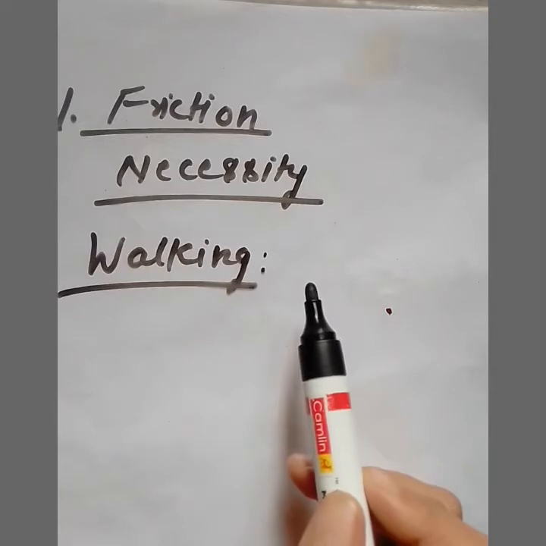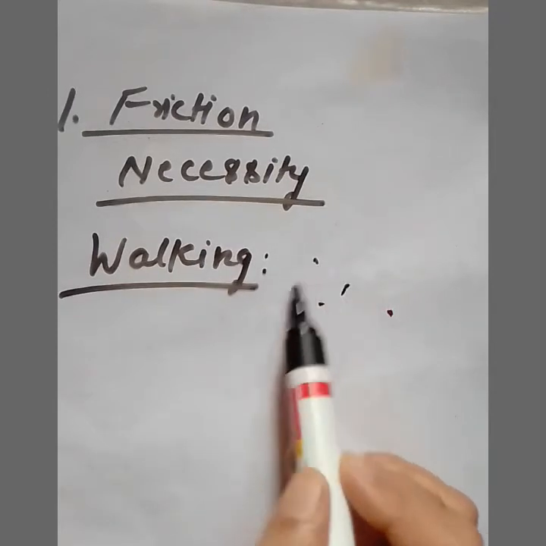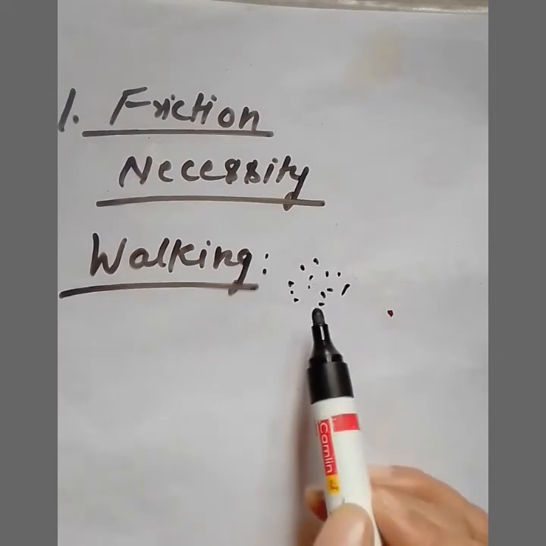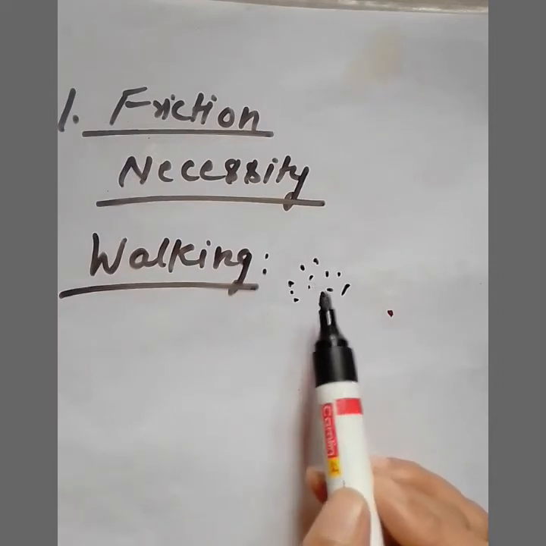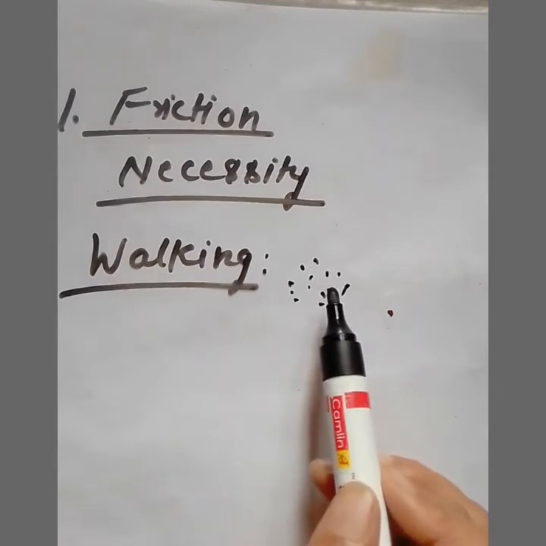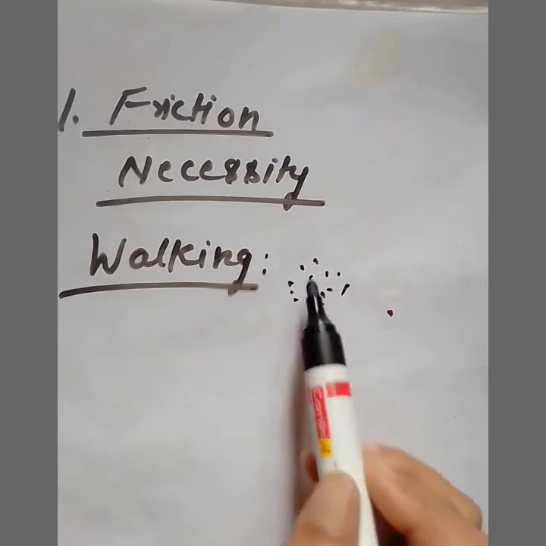You have observed when oil is on the ground, what happens? Because there is no frictional force between the two objects, you slide immediately, like on water. Why does it happen?